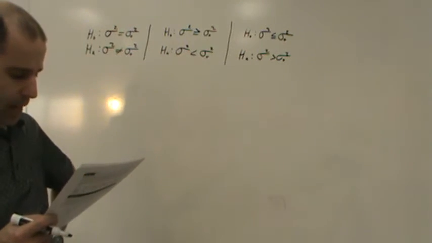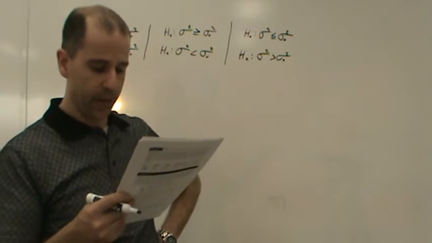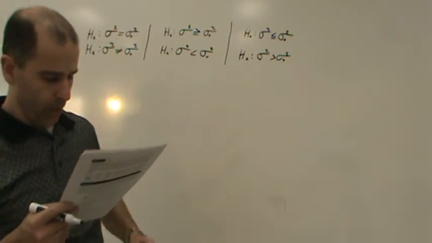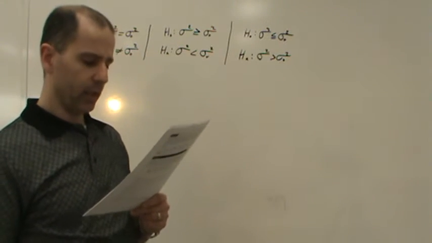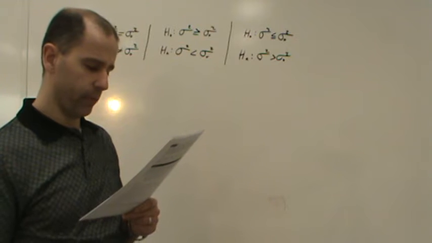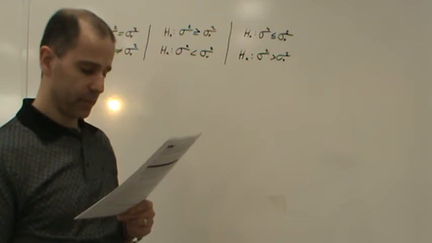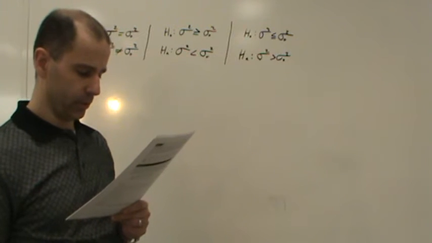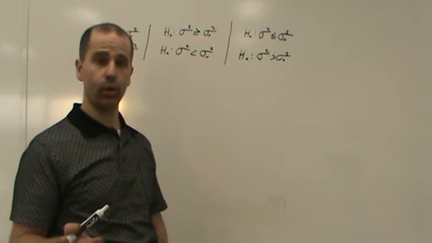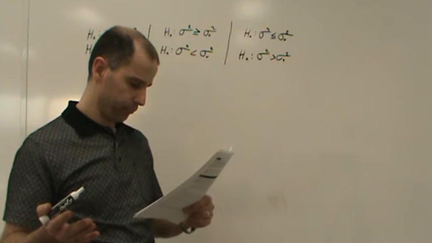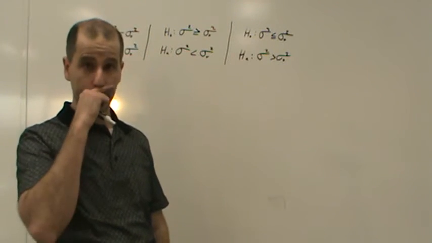Suppose a math instructor believes that the standard deviation for his final exam is 5 points. One of his best students thinks otherwise. The student claims that the standard deviation is more than 5 points. If the student were to conduct a hypothesis test, what would the null and alternative hypotheses be? Well, he's claiming that the actual standard deviation is more than 5 points.